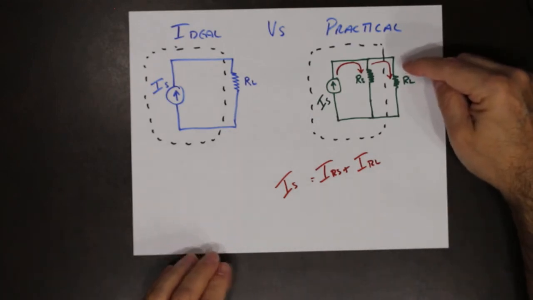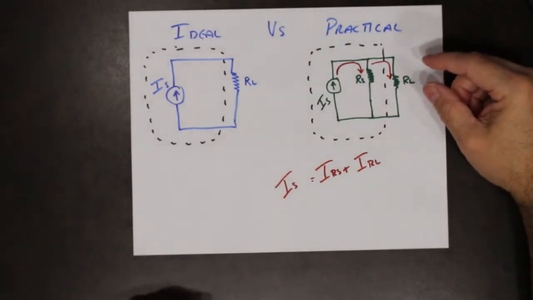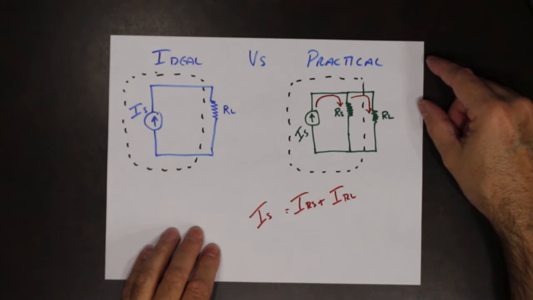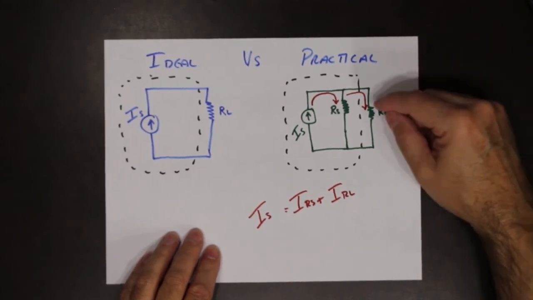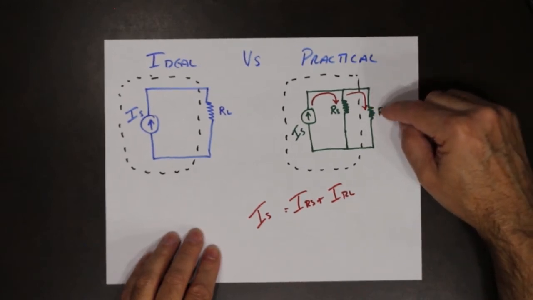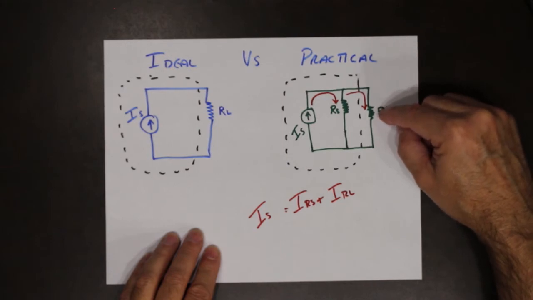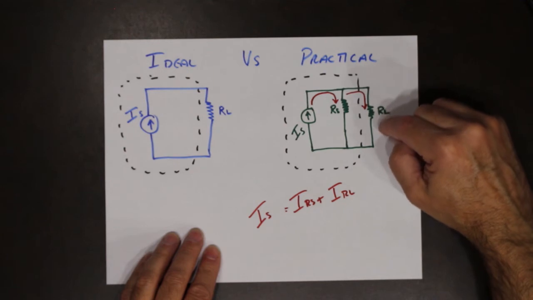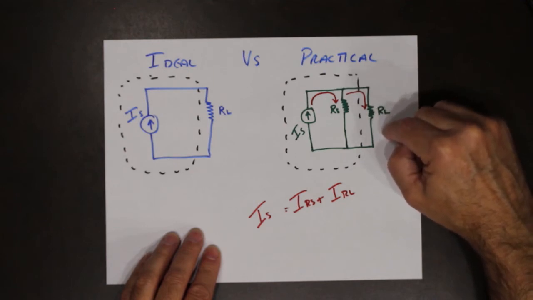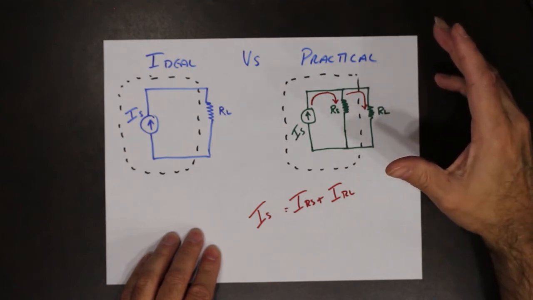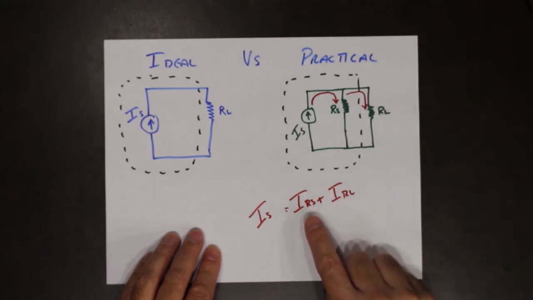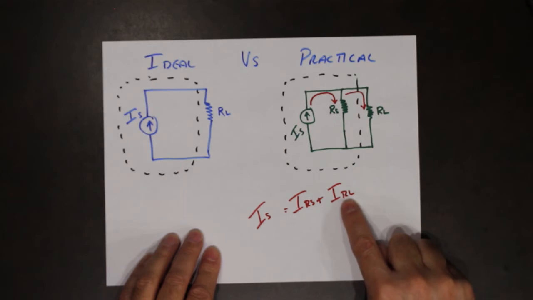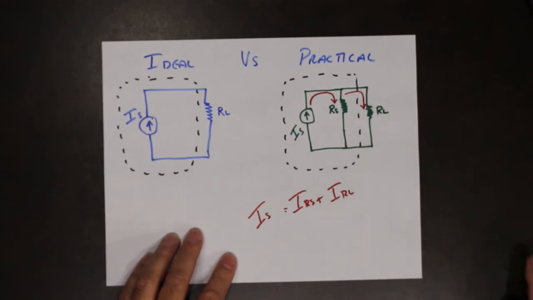Again, to make the practical as close to the ideal source as possible, we want to make sure that if we vary the load resistor, the current that makes it to that load resistor does not vary much. It will vary a little bit because, again, we're going to lose some, but we want to keep this as constant as possible even though we change the load.